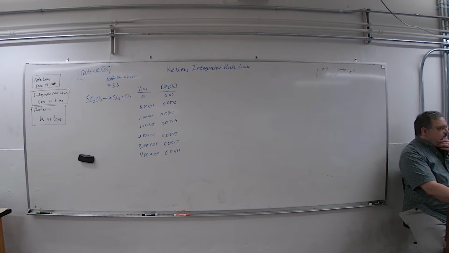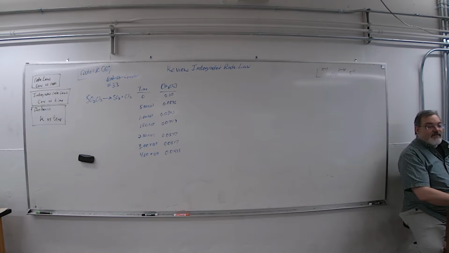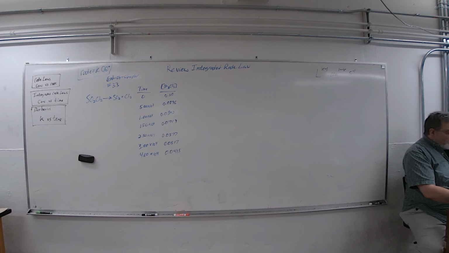If you look at this, the graph I just made, 1 over A on the y-axis. Looking at that graph, what does it tell you? Say again? What I would say is, since it's not linear in the 1 over A, it's not second order.